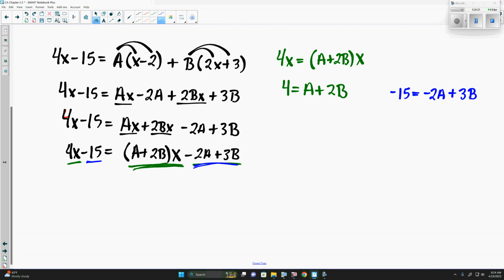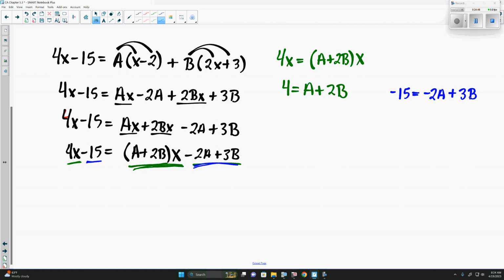Now we just need to solve for a and b, which we go back to our systems of equations. Now we can do elimination, we can do substitution. Well, looking at these two here, I would eliminate a first because in the green equation, the number in front of a is 1, and the blue equation has a as 2.